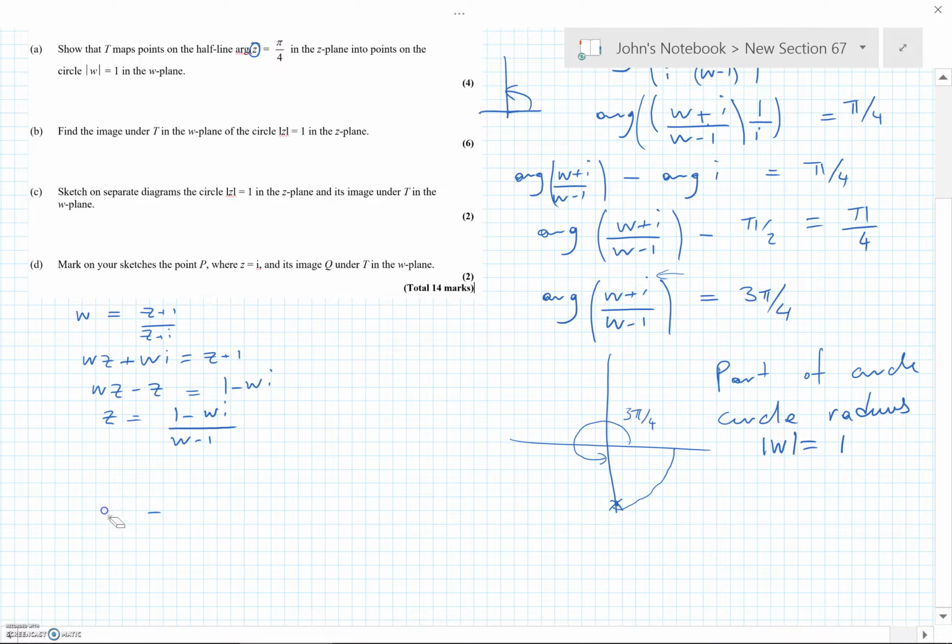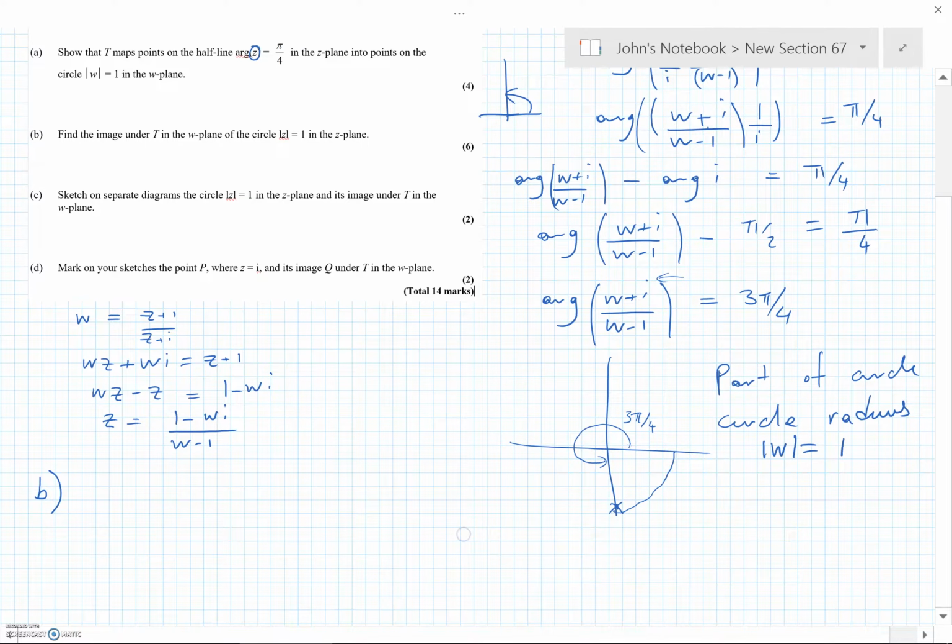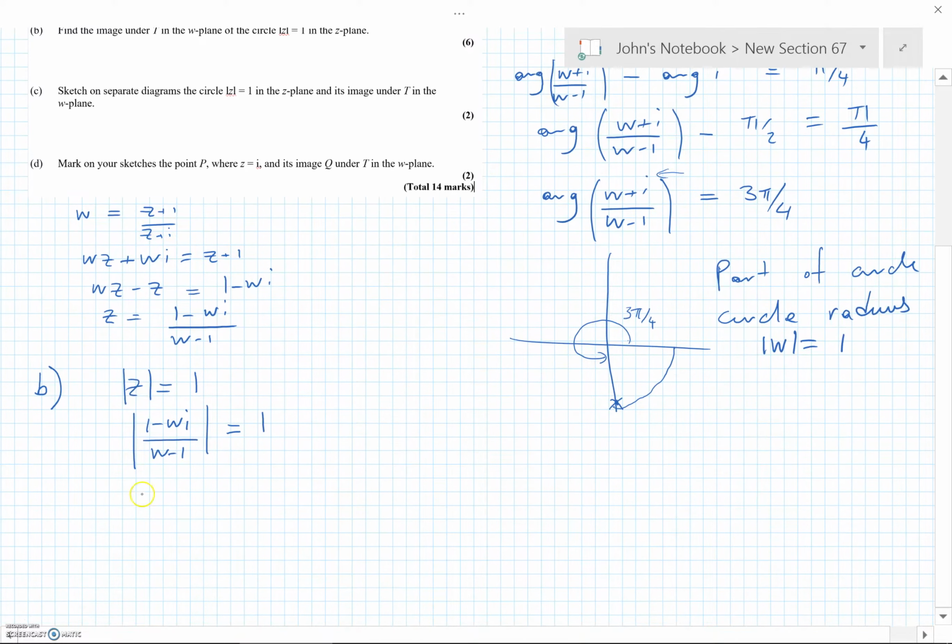So if I stick in part B, we've got the modulus of z is equal to 1. So we can say the modulus of 1 minus wi over w minus 1 equals 1.